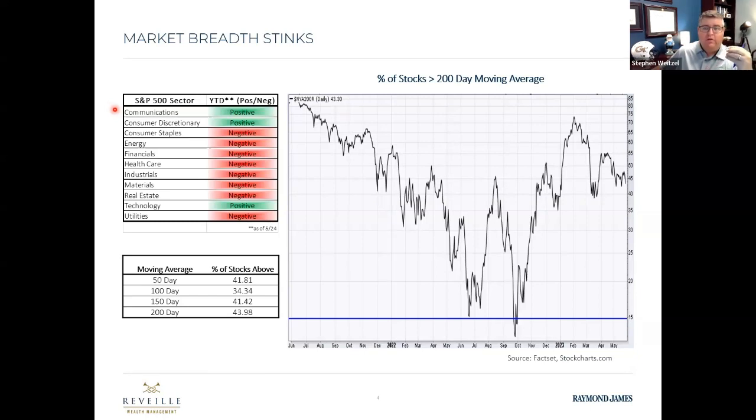But it's the big names that are in the technology, consumer discretionary, and communication sectors that are carrying the water for the market right now. And the question that's begged is, how long can that last, right? How long can the S&P 500 hang or hold up if more broadly most stocks are going down, right?